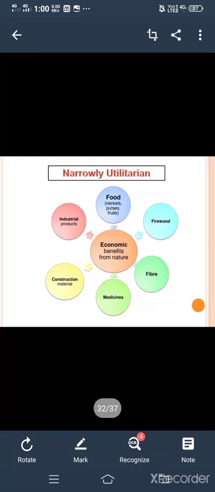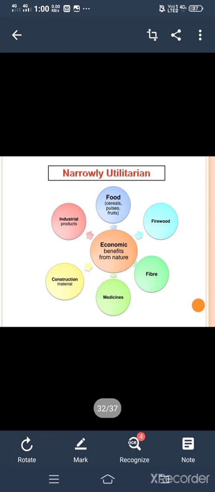Narrowly utilitarian means we depend on these ecosystems for some reasons, that is, the economic benefits we get from nature, like food. We depend maximum on biodiversity for our food, like cereals, pulses, fruits.